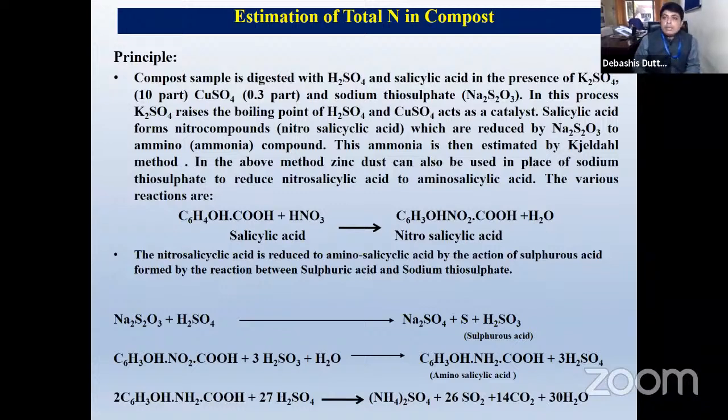Now, how do we estimate the total nitrogen content in compost, because compost is the most important source of organic nutrients under organic farming systems.